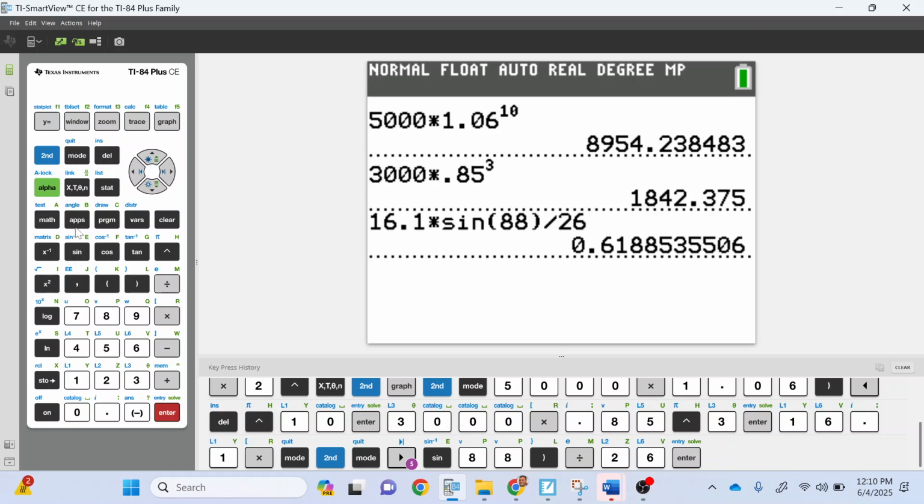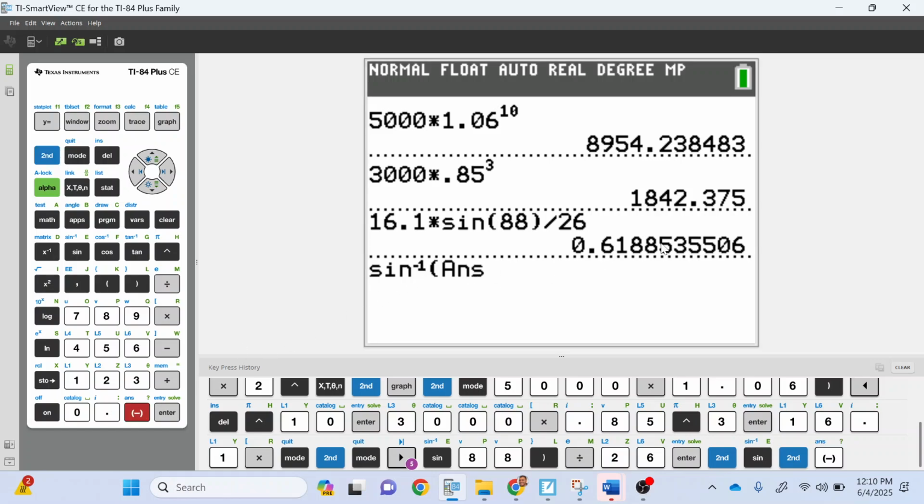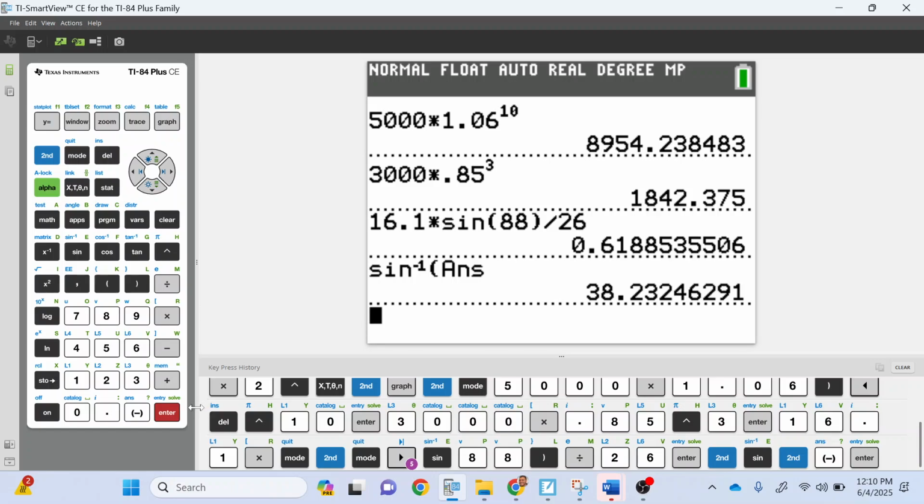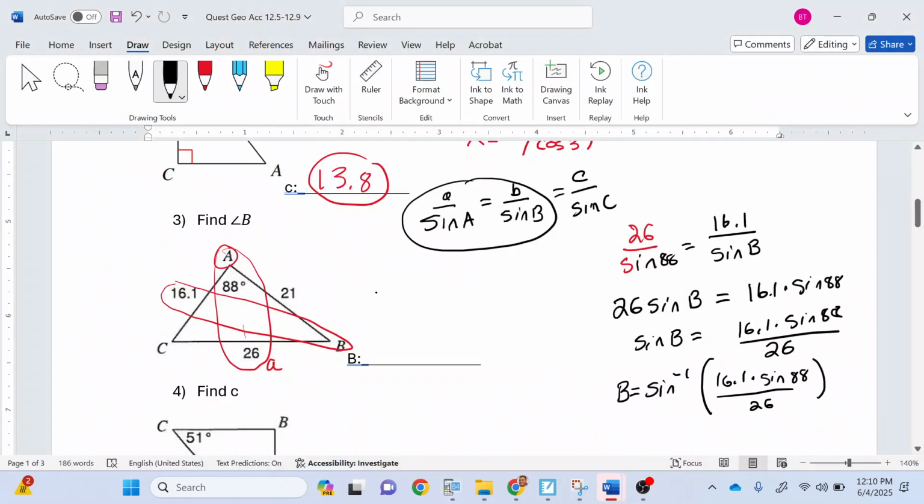To minimize rounding errors, I do sine negative 1, then click second and the negative button, which gives you the answer of the previous calculation so you don't have to retype it. I'm getting 38.2. That's why you should be careful with rounding, and why I like to do it all at once. So it's 38.2 degrees, because it's angle B.